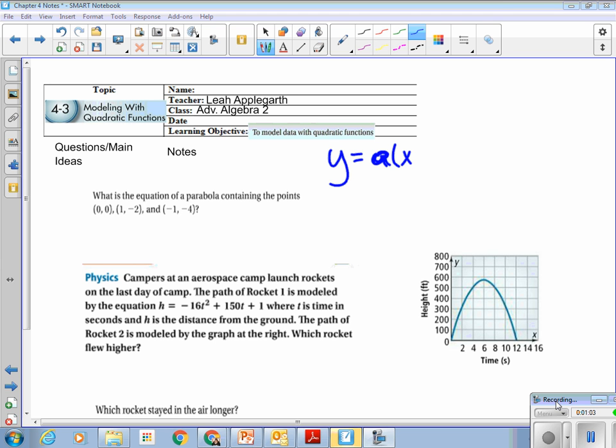A times (x minus h) squared plus k, where h and k are the vertex, and a is the coefficient out front.